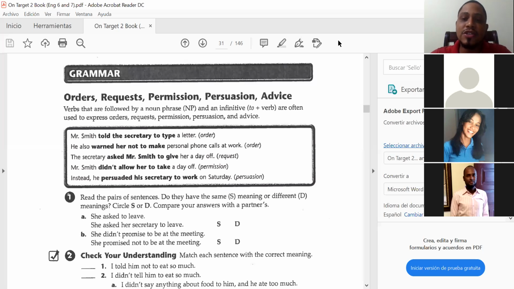Okay, now let's check this. Let's put it on the board. Mr. Smith told the secretary to type a letter is the sentence, right? Okay, so Mr. Smith told the secretary to type a letter.